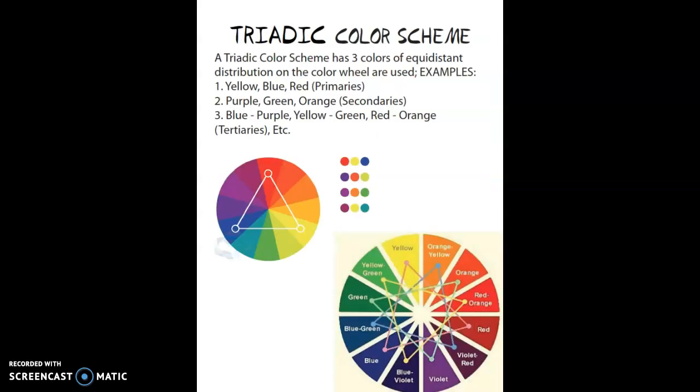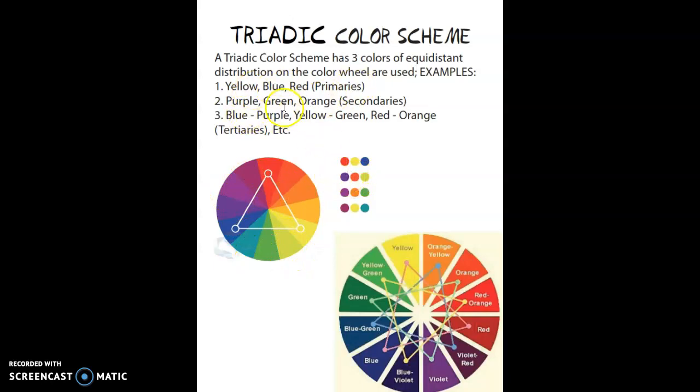Let's go on to look at triadic color schemes. These are color schemes that have three colors that are equidistant, meaning the same amount of distance from each other, which in this case is 3 colors distance, right? So if I take the primary colors, blue, yellow, and red, they each have 1, 2, 3 colors in between.